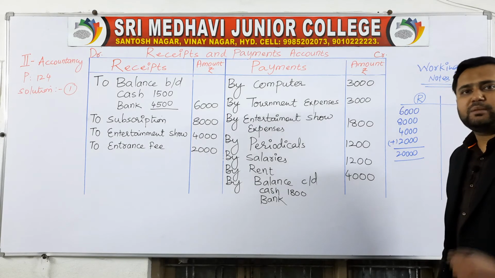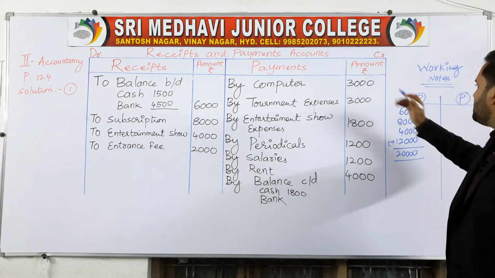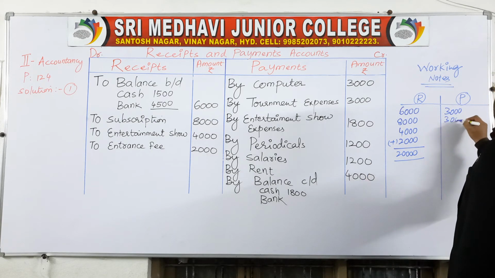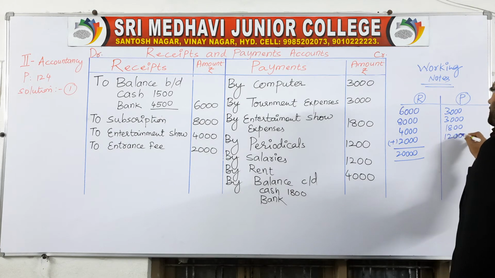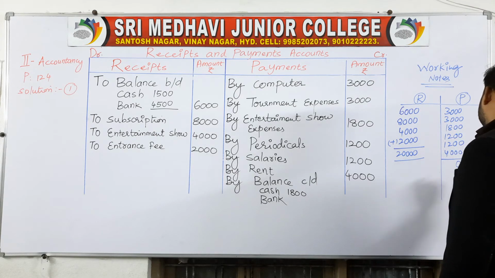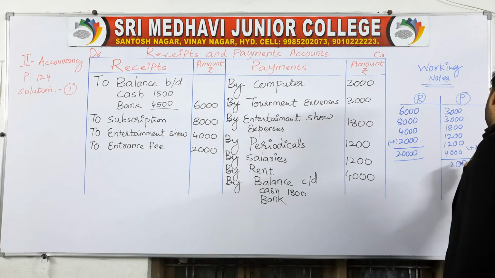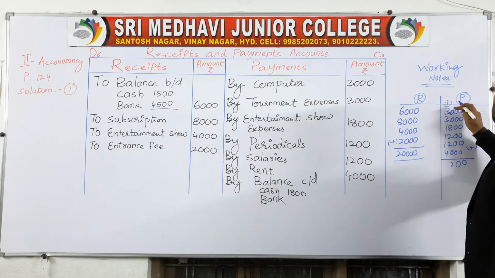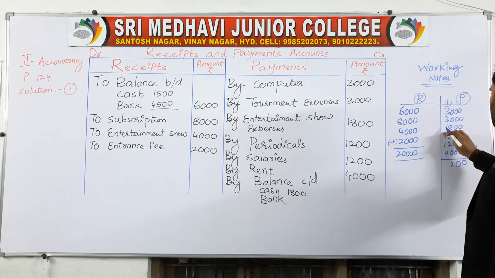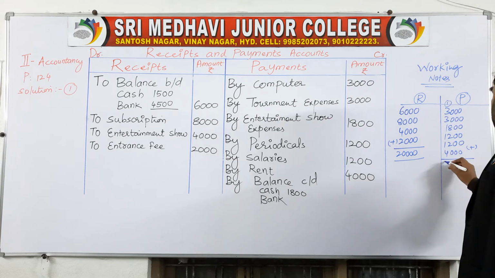And how much payments have you made? 3,000, 3,000, 1,800, 1,200, again 1,200 and 4,000. 8 plus 2, 10, 10 plus 2, 12, carry 1, 3 plus 1, 4, 7, 8, 9, 10, 14.